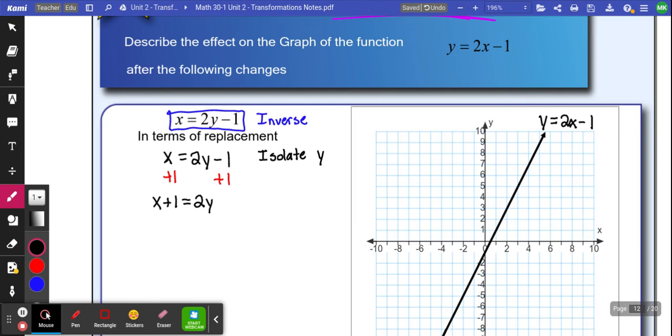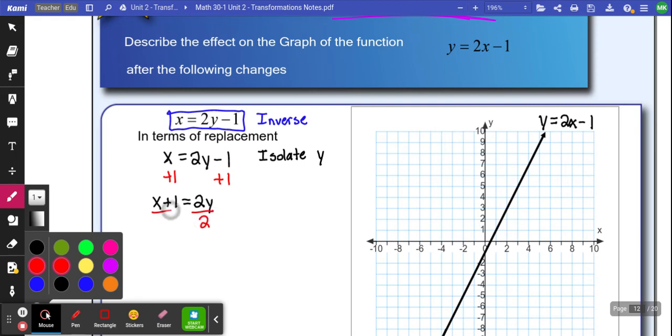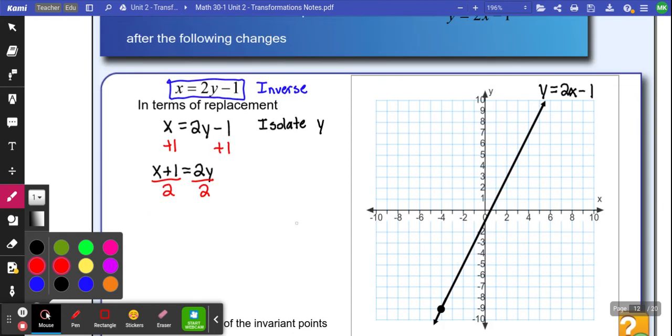So I took the 1, I moved it from the right side to the left side. Now I need to get rid of that 2. I divide by 2. Now you could write that as X plus 1 divided by 2, or you could divide each thing individually by 2, to each their own.